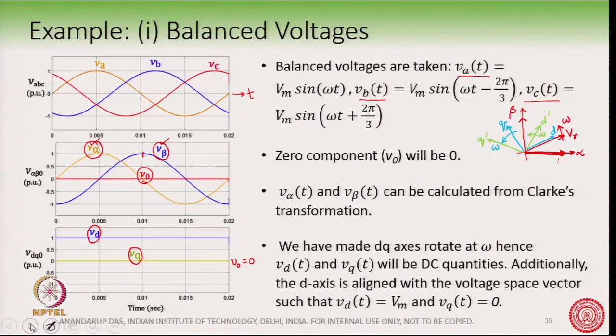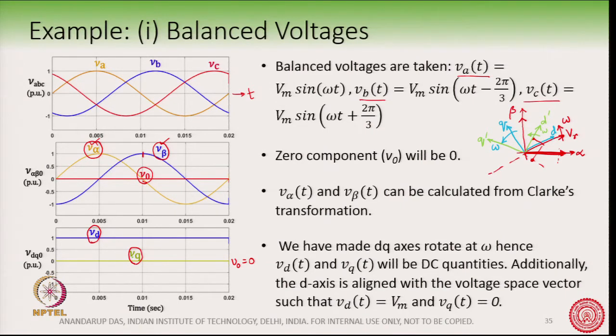So, if you extend this Vr, you will get some projection on the d dash axis, and there will be some projection on the q dash axis. This is the d dash and q dash projection. So, if this d dash axis and q dash axis is not coincident with the reference vector or the space vector, then we would have seen some projection on both d and q. So, in that case this Vq will not be equal to 0.